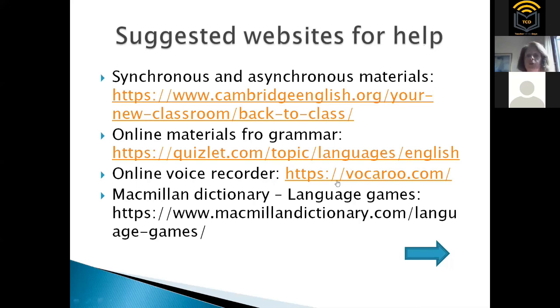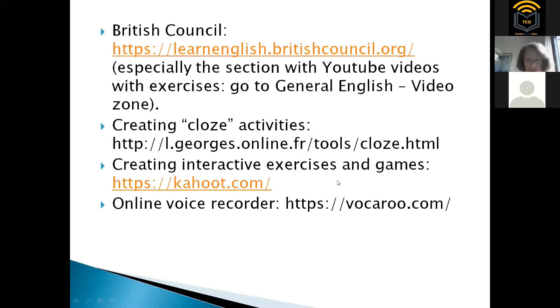You've got Vocaroo. What Vocaroo can do is that your students can record themselves and they can send you the audio. Macmillan Dictionary is online. Cambridge also is online. So you can use them for the hyperlinks in the text. British Council, loads of things, especially for videos that you can embed in your readings.